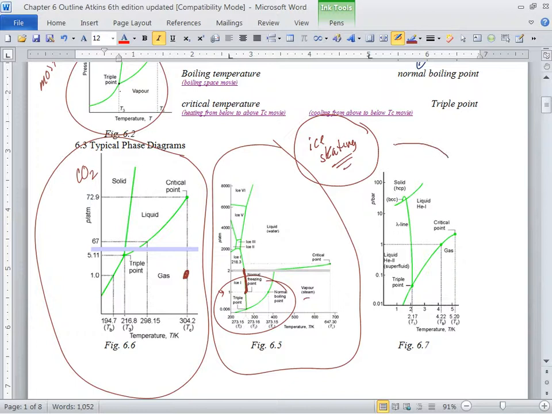Here's helium. Shelby, can helium solid ever be in equilibrium with helium gas? The answer is no, and she's right, but can you see why?